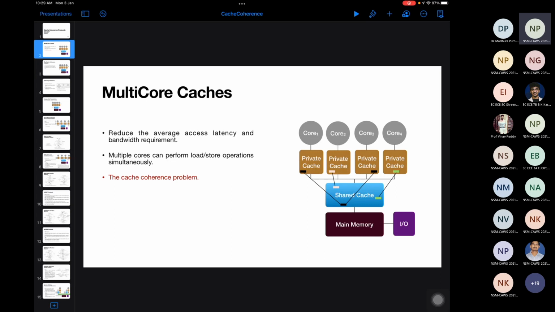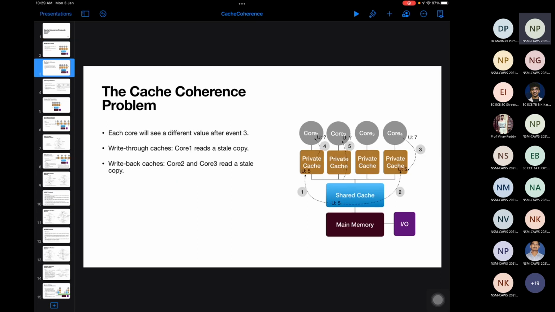Two different caches have the same data, but after one modifies it, the data differs between caches. That leads to a cache coherency problem. I'll explain that with an example here.